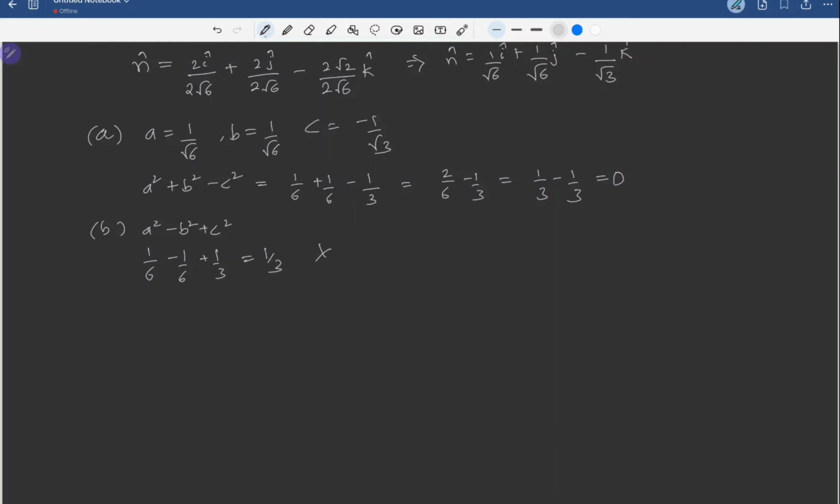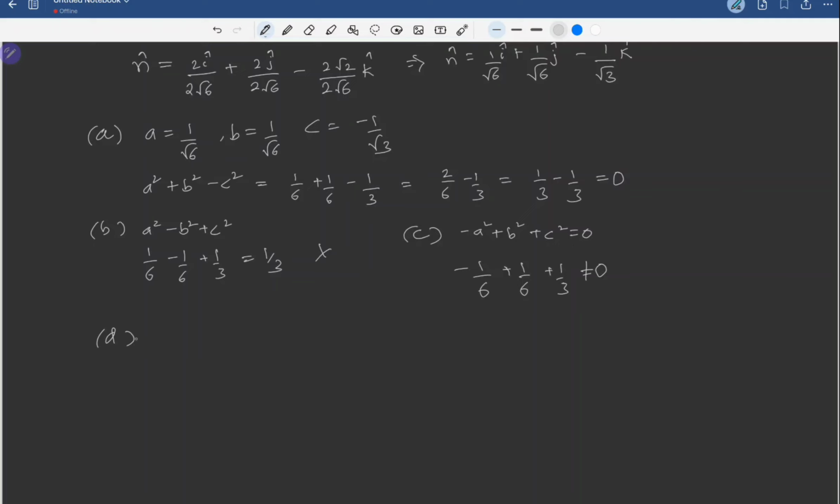So option B is wrong. Let's check option C: minus a squared plus b squared plus c squared is equal to 0. Minus 1 by 6 plus 1 by 6 plus 1 by 3 is not equal to 0.